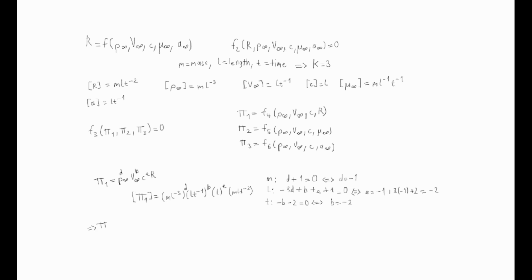Hence, we get the following equation. Since multiplying pi1 by a pure number does not change its dimensions, it can be rewritten as follows.